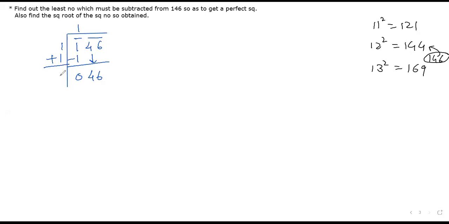Add 1 plus 1, double 1, so 2 with a gap. 21 1s are 21. 22 2s are 44. And 23 3s are 69. 23 3s is not possible, so I cannot subtract 69. So 22 2s are 44. Remainder is 2. Nothing to carry down. Division stops, but remainder is 2.